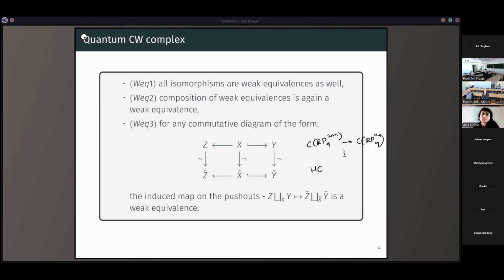So this nice picture from complex projective spaces, when you have this tower of truncated polynomials in a single variable, doesn't work here.